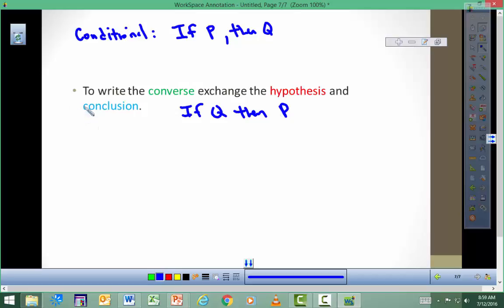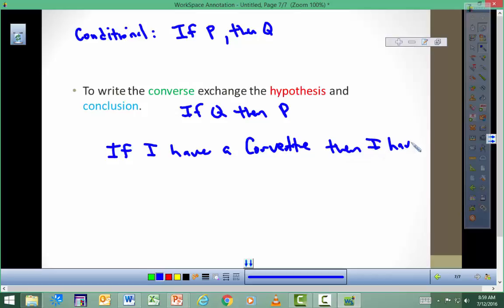Let me give you a quick example, okay? So here's a quick example. If I have a Corvette, then I have a Chevy.